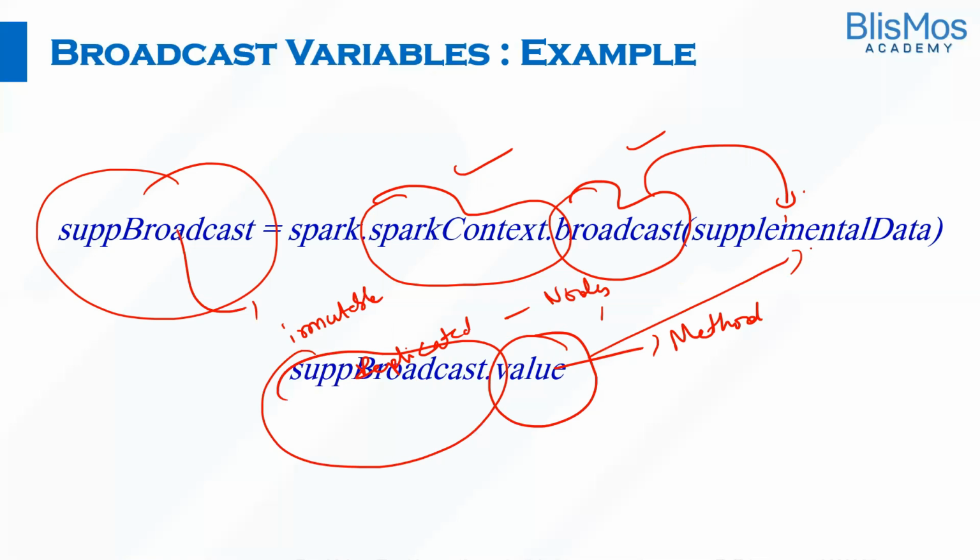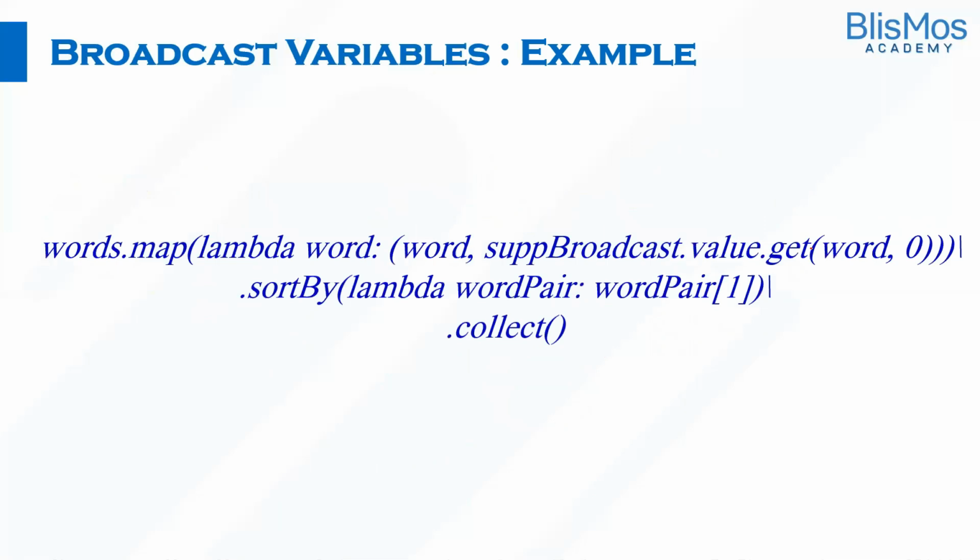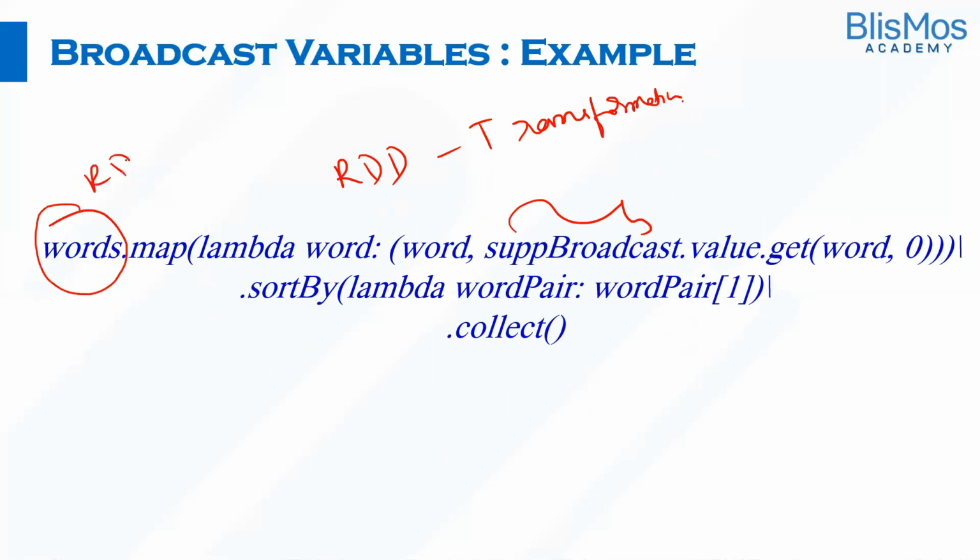Now that we created a broadcast variable and we know how to refer to it, we can use this broadcast variable as a part of our RDD transformation. What we are doing here is taking a words RDD and we have created a lambda function. This function will go through word by word.